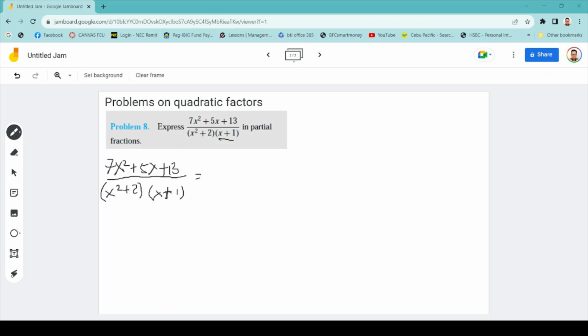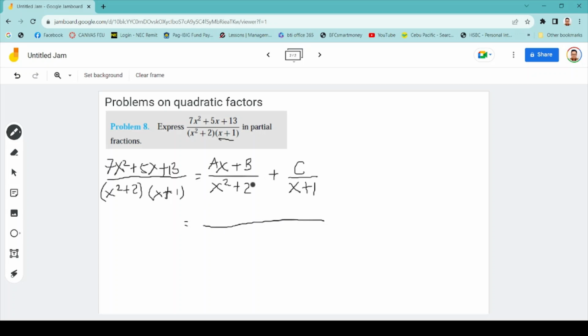If you have a quadratic factor to the power of 2, you can have ax plus b, just following the sequence of the alphabet, and then get this x squared plus 2 as your denominator. That is for the partial fractions involving quadratic factors, and the other one is just linear, so we continue with c over x plus 1.